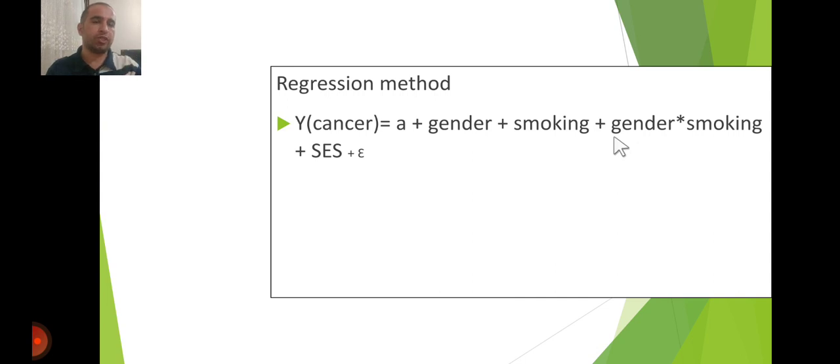Before interpretation of the interaction term, we should see the coefficient for the multiplication term. If it is significant, it means actually there is interaction effect between the two variables. Otherwise, we can remove the multiplication term, because when there is no significant coefficient here, it means there is no interaction effect between gender and smoking.